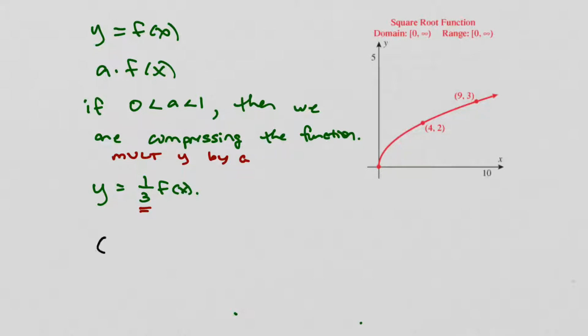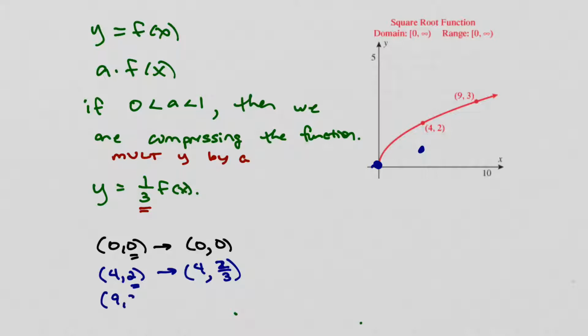Right? So that point 0,0, if you multiply 0 by a third, it's going to get mapped onto, well, still 0,0. So I've still got that point 0,0 right there. The point 4,2, when you multiply the y value by a third, you'll get the point 4 comma 2/3. So let me go over here to 4 and down to about 2/3 maybe.